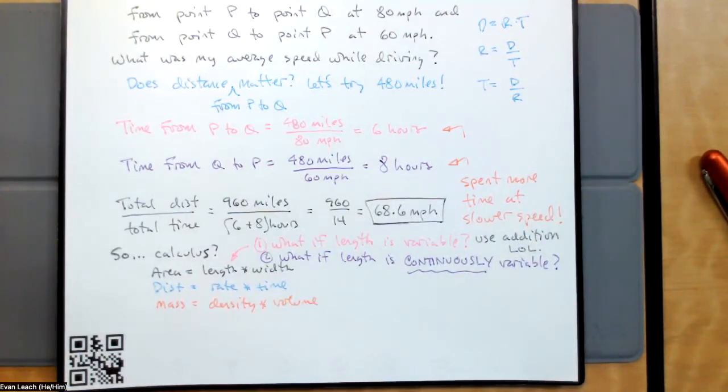Multiplication is just addition when it's all the same thing. If all the stuff is the same, we just get to use multiplication. If our sum says 5 plus 5 plus 5, we get to use multiplication because all the stuff is the same. 3 times 5, 15. But if our terms are different, we don't get to use multiplication.